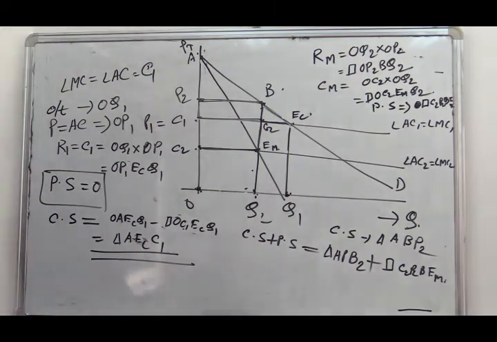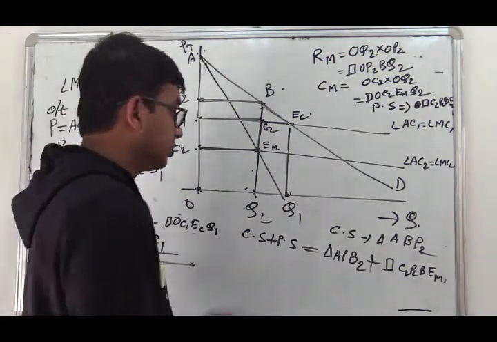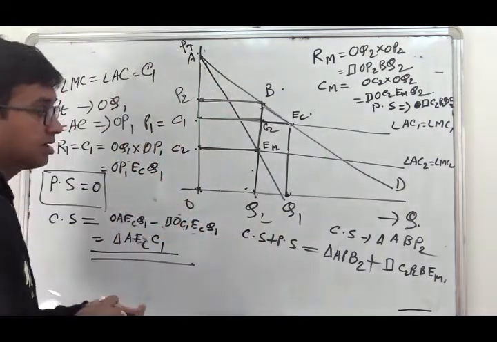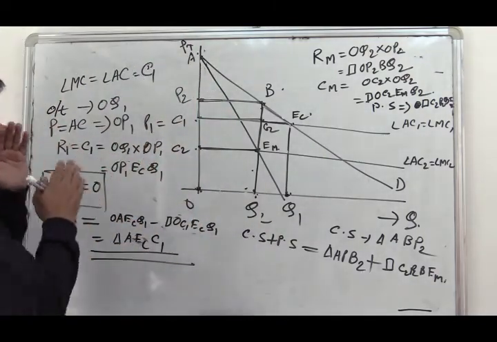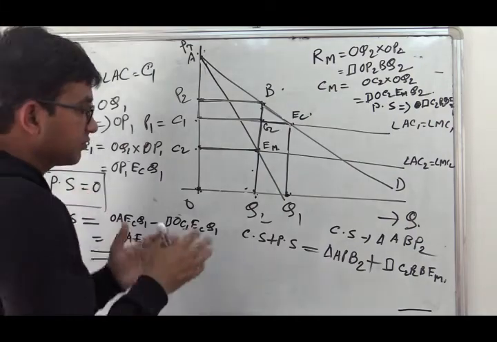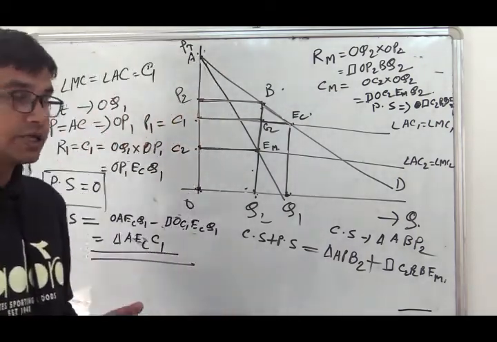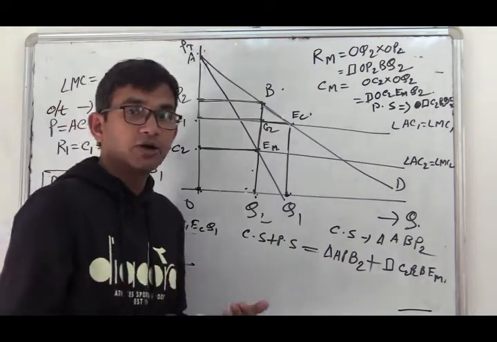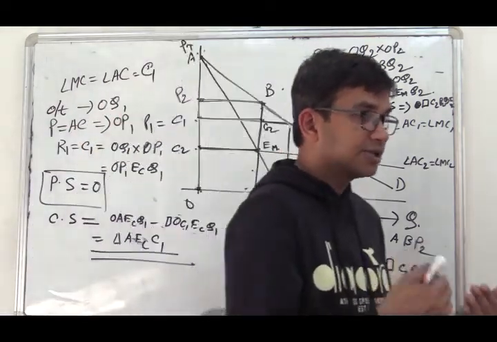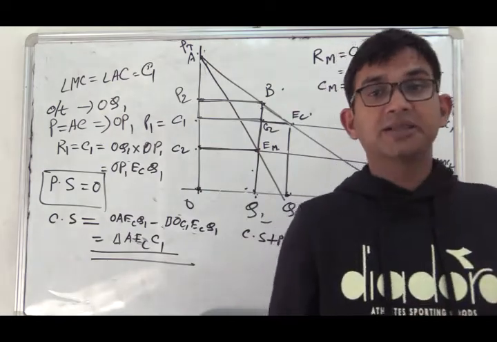And from here we can say that in the previous part we have discussed that whenever there is a shift from perfect competition to monopoly without any technological progress, that time there is deadweight loss. So competition can be considered as a better form of market than monopoly.